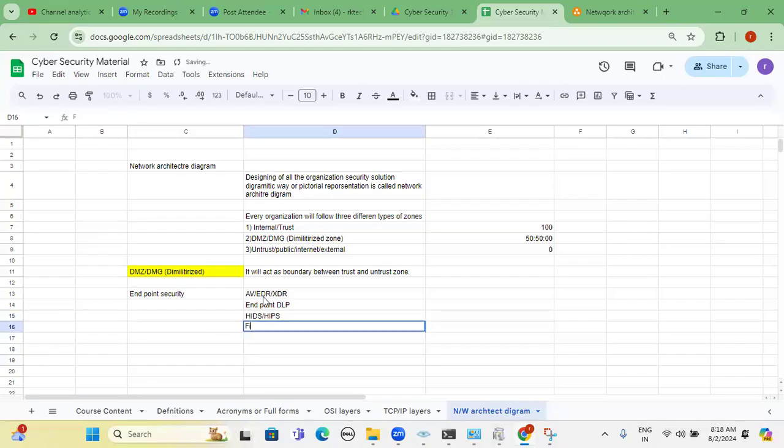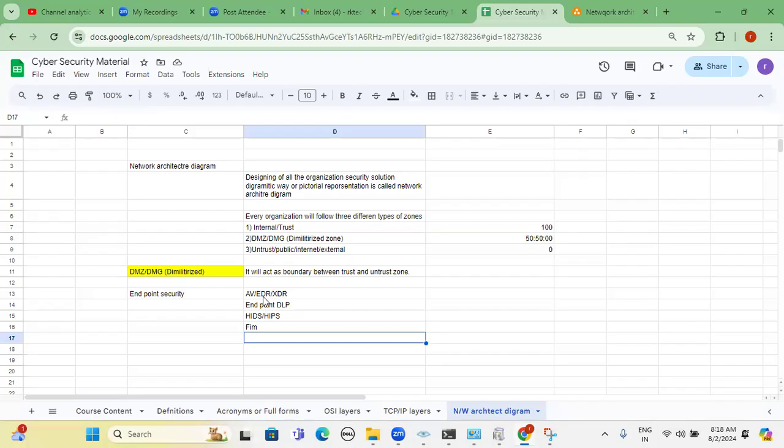So there is no need to separately implement HIDS, HIPS nowadays. Next one is file integrity monitoring on the endpoint side. Whatever files the end user is accessing as part of the OS, or drive-by downloads, or clicking on a malicious attachment, or copying files through pen drives, we have to monitor whether he is adding, updating, deleting or modifying the data.